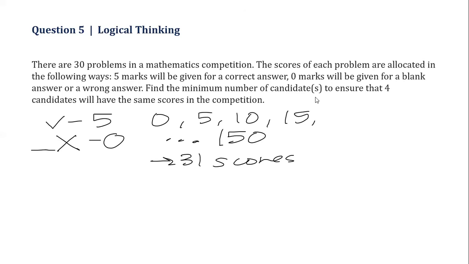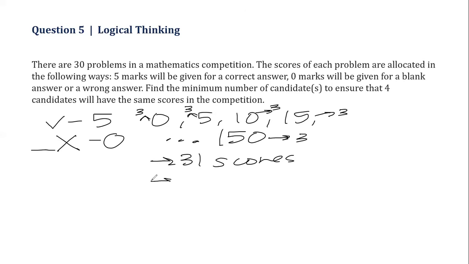And to ensure that 4 candidates will have the same score, we should consider the worst case scenario where there are 3 candidates that each obtained each score. So what I mean by this is that there are 3 candidates that got 0, 3 candidates that got 5, 3 candidates that got 10, 3 candidates that got 15, and this goes on for every possible score until 150.